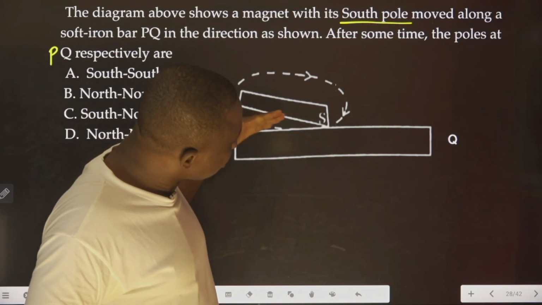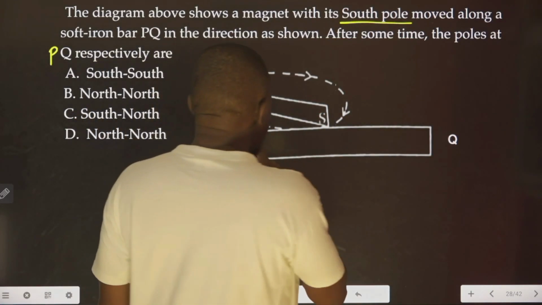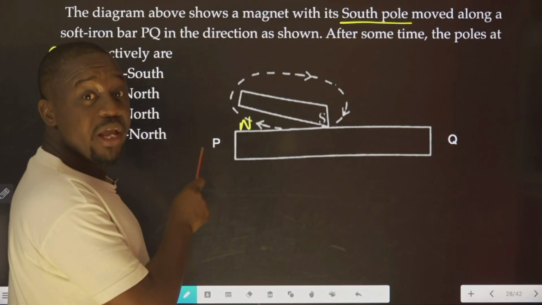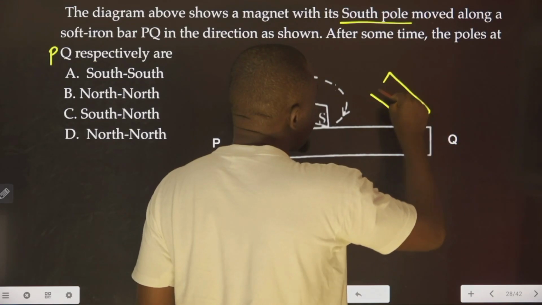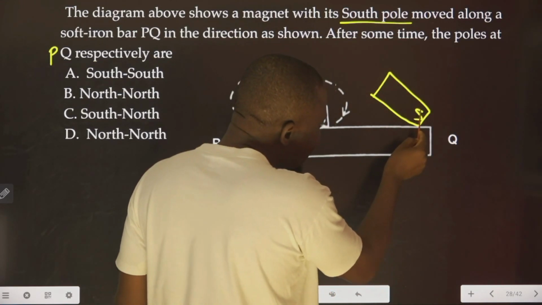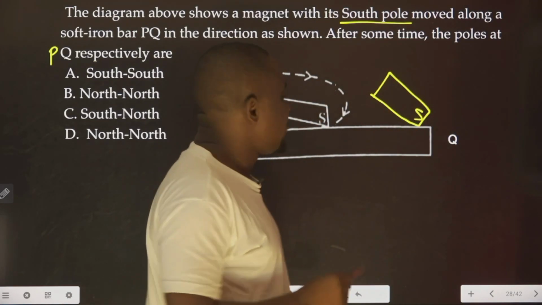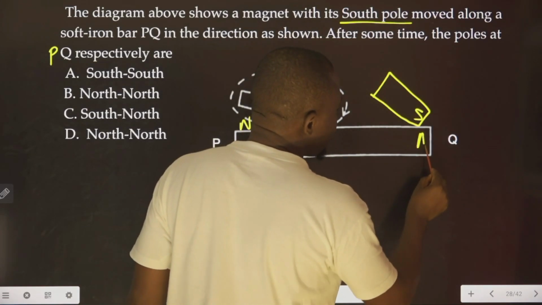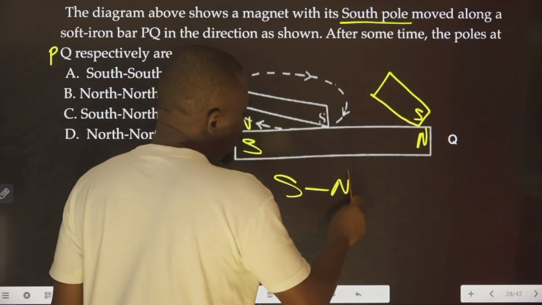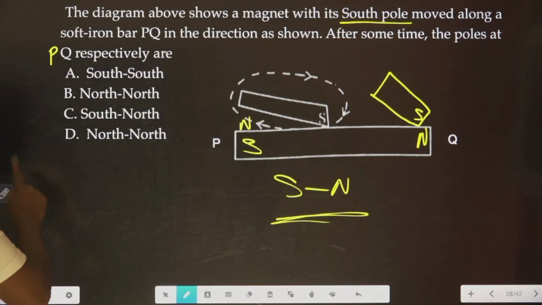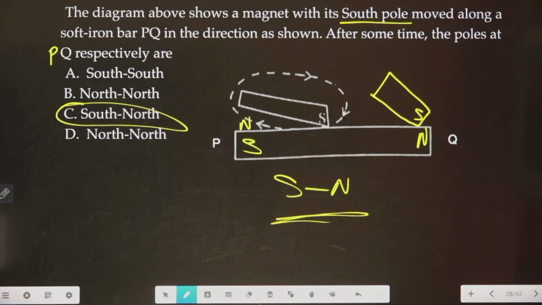But as this is going toward this side, this north will be fading away. Here, south becomes north. Automatically, this becomes south. So it is south-north. So therefore, south-north is this. C. Let's look at it.